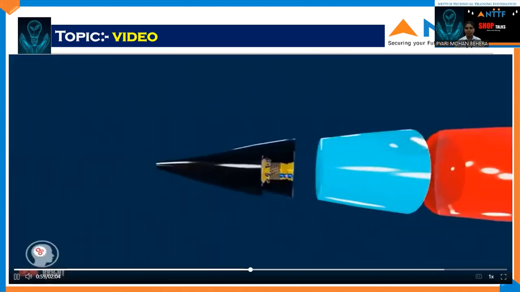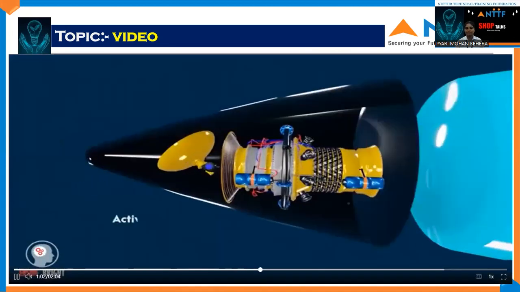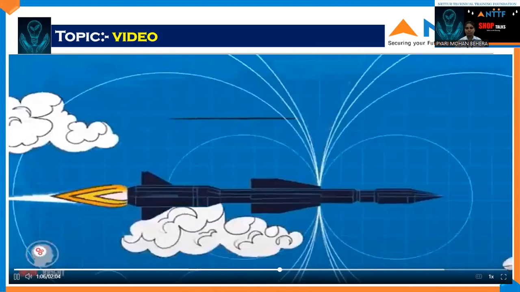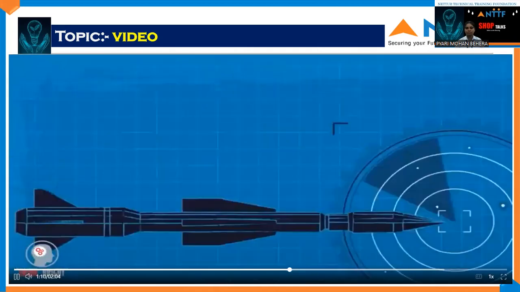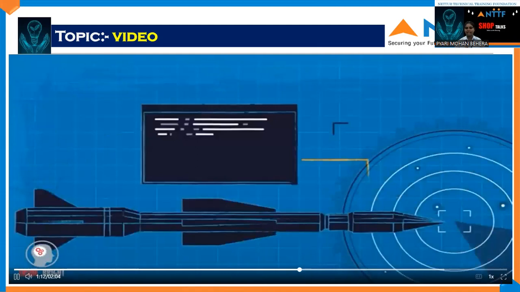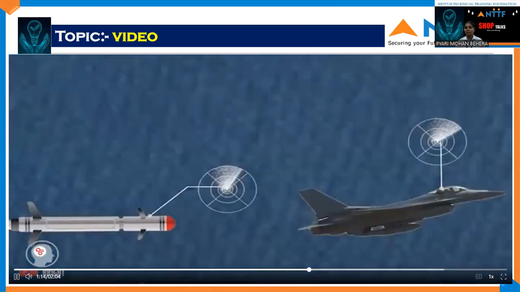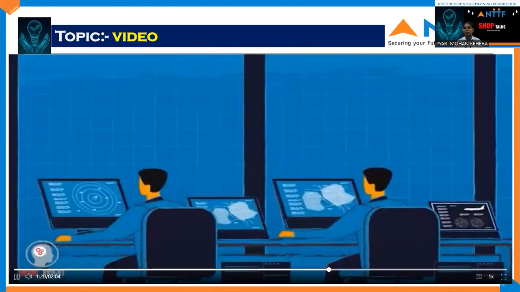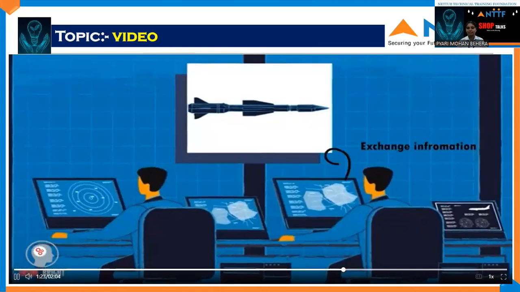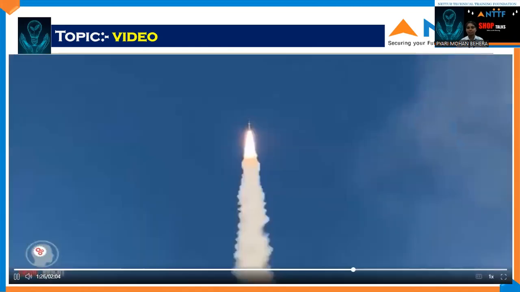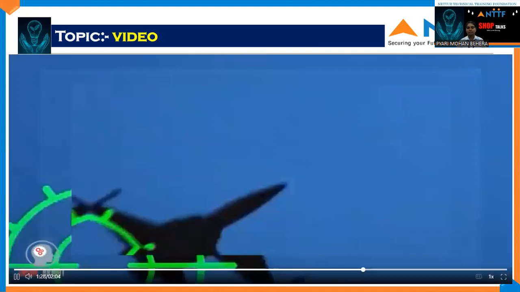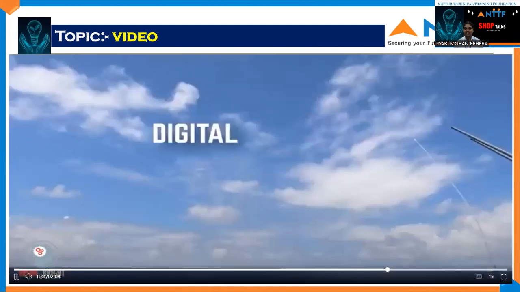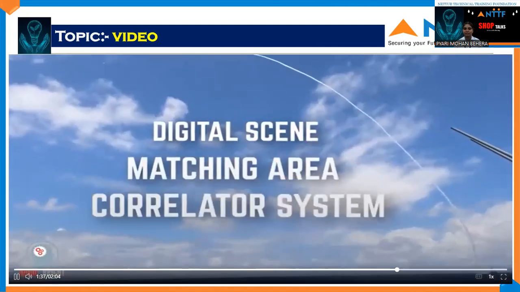These are the types of homing, active radar or semi-active radar. This is the internal mechanism. Here the radar system is called active homing or semi-active homing. All homing is there in this system. This is a control system where they are controlling the missile. Like this, the target is finished, meaning the enemy aircraft is destroyed.